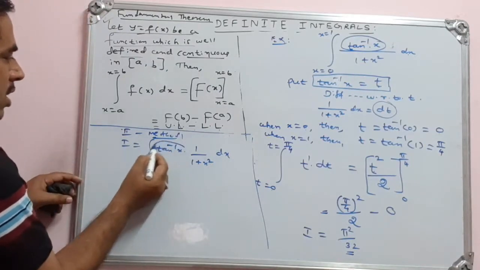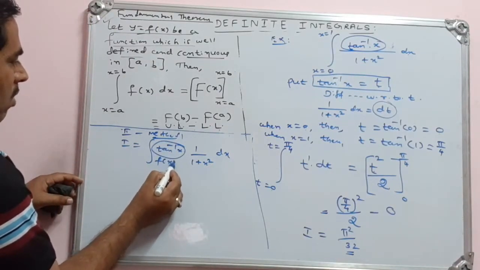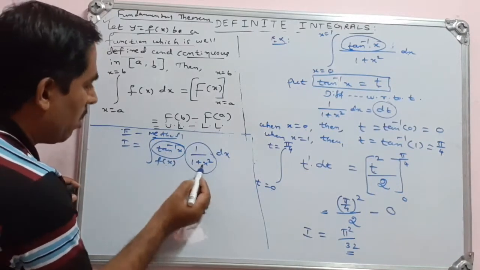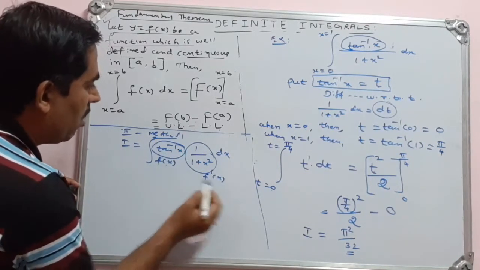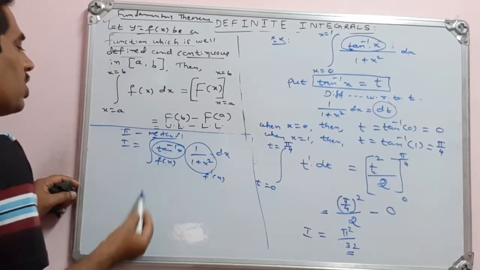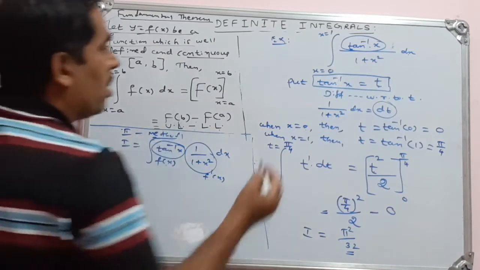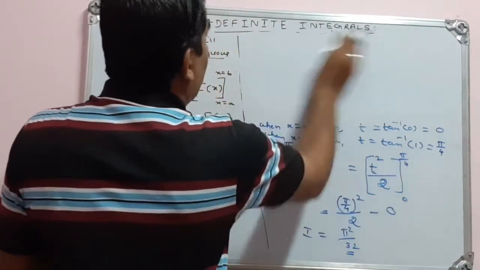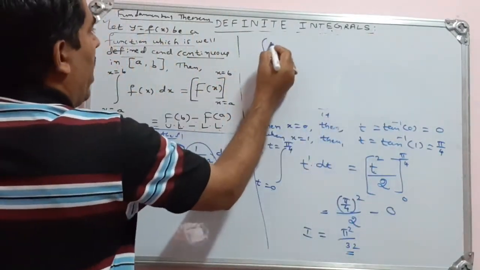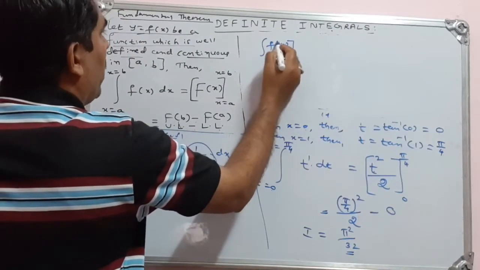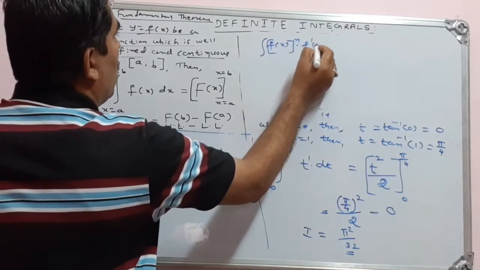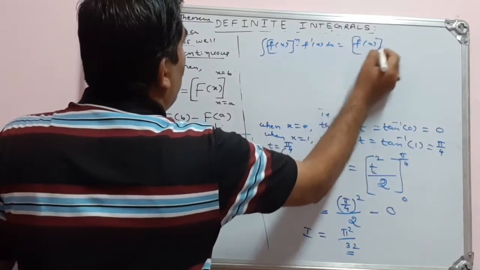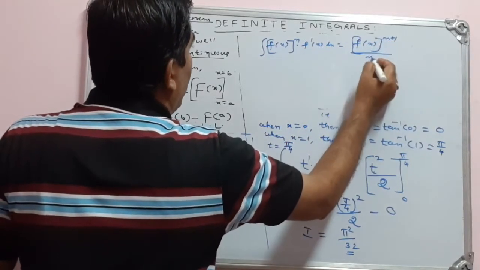We think of tan inverse x as f of x, my function, and if I differentiate this, I will get 1 by 1 plus x square. This is f dash x. So our integral is like this, integration of f of x into f dash x. If we have integration of f of x whole to the power of n into f dash x, then our integral becomes f of x whole to the power n plus 1 divided by n plus 1.